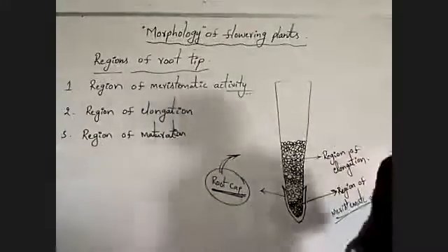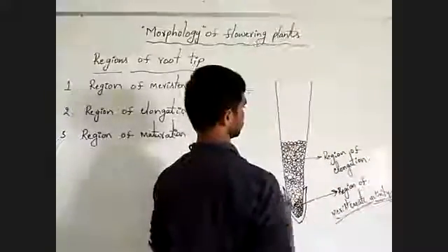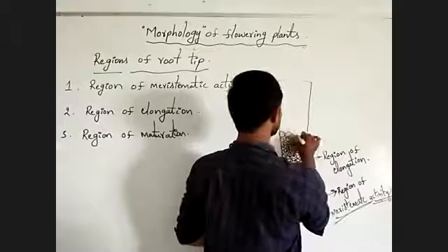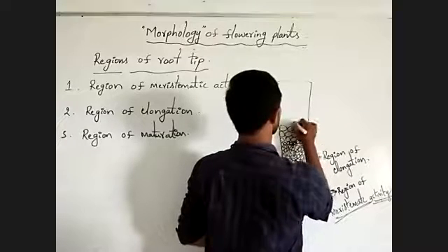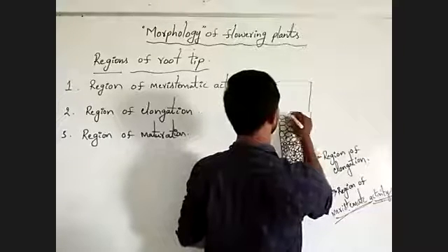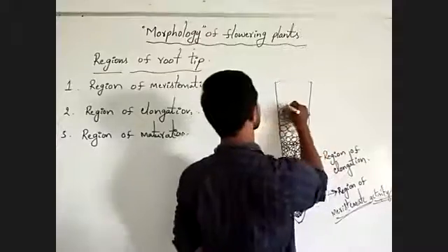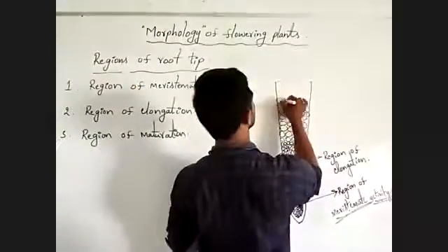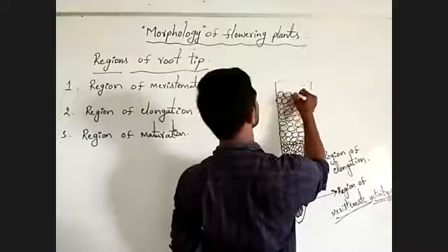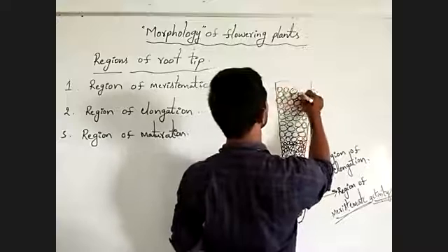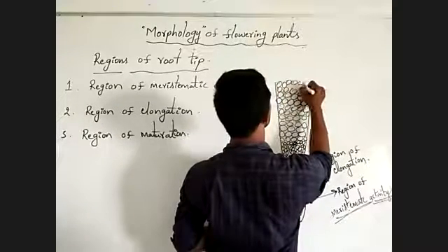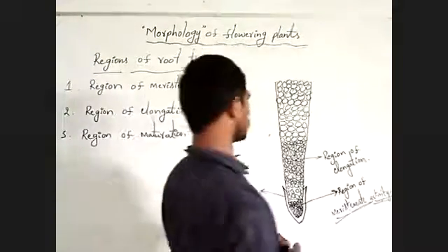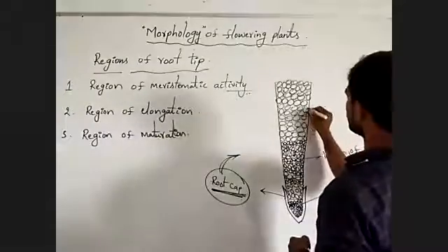Next, proximal to the region of elongation, elongated matured cells are present.